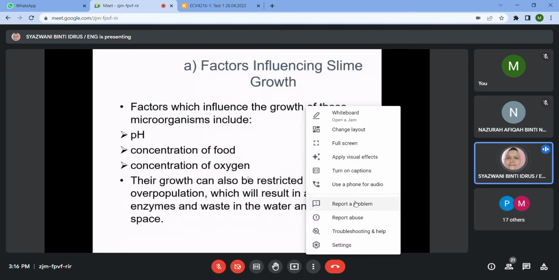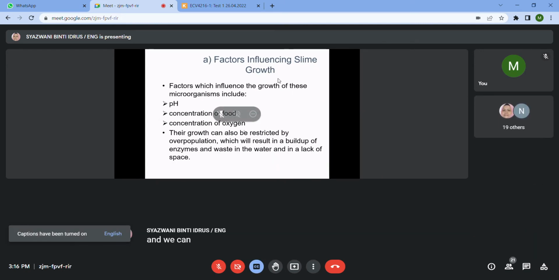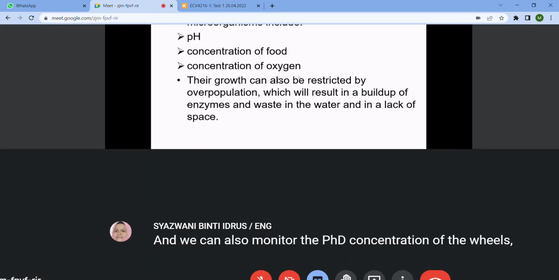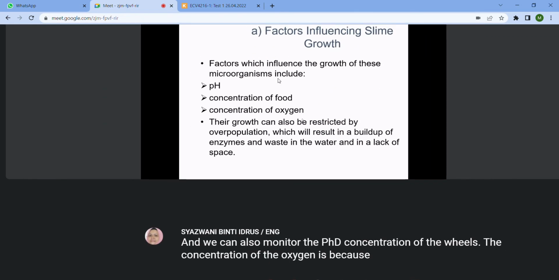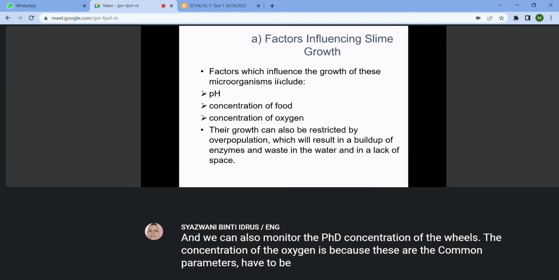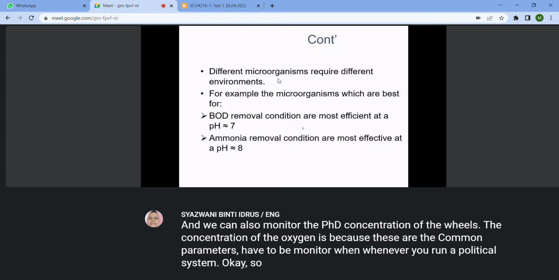Apart from monitoring the colors of the slime, we can also monitor the pH, the concentration of the waste, and the concentration of the oxygen. These are the common parameters to be monitored whenever you run a biological system. The expected pH is around 7 for the BOD removal condition.